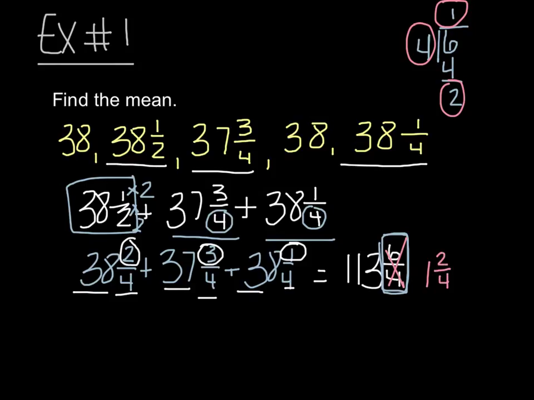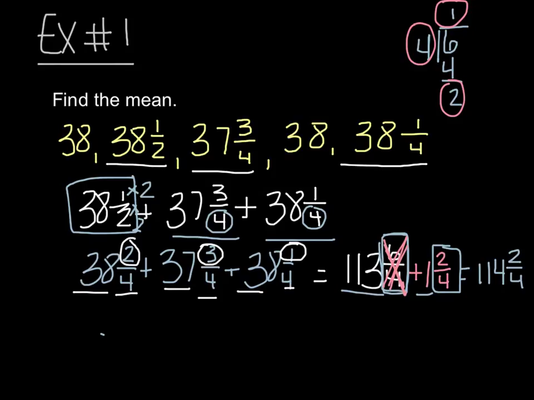I changed the improper fraction, so I can cross that out because I don't need it anymore. And all you need to do is add that to your whole number. So 113 plus 1 is 114. And you don't have any fraction except for 2/4, so we just leave it as 2/4.